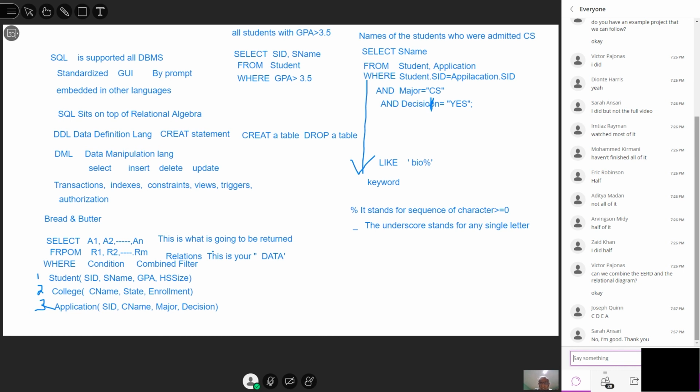I should have put a capital. So that means the student ID begins with S. Then there could be 3 more single characters, anything, numbers, digits, or letters.